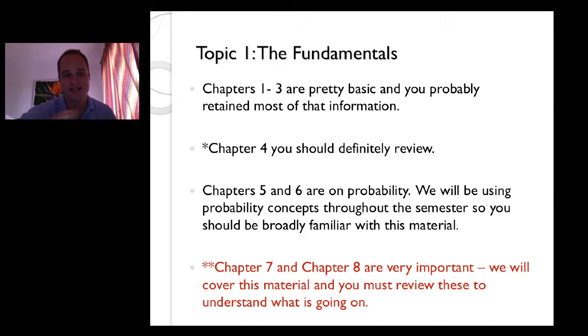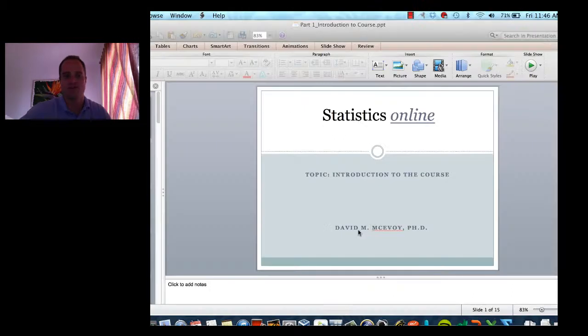But the point is, if you don't understand chapter 8, you're going to have a hard time understanding chapters 9 and 10 and 12 and 13 and basically the material for the rest of the course. So chapter 8 is fundamental, and 7 is the precursor to it. These two are important. Start in chapter 4 and then spend the rest of your time in 7 and 8 to get caught up. All right, and that should do it for this video.